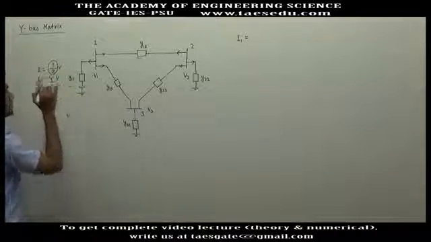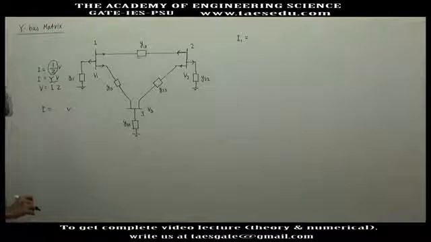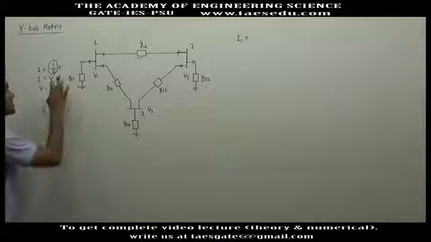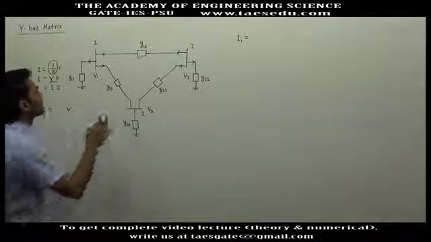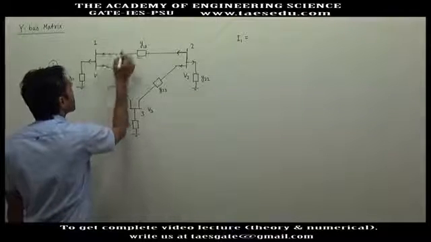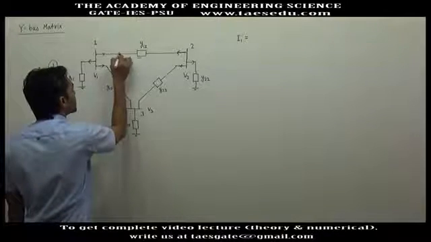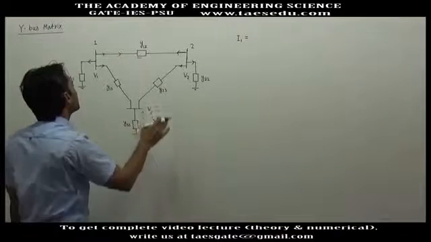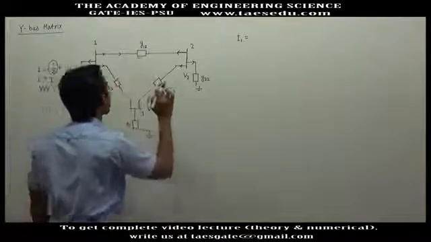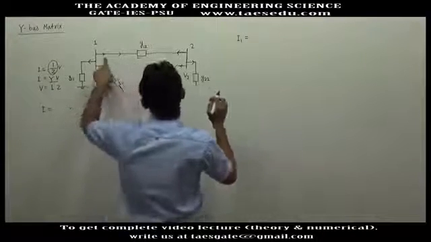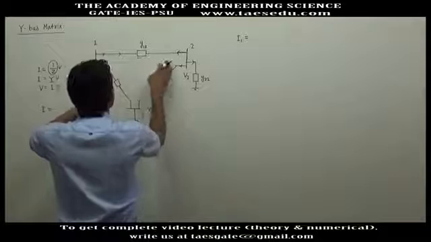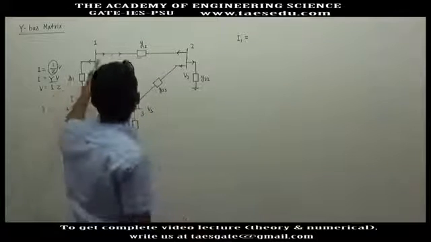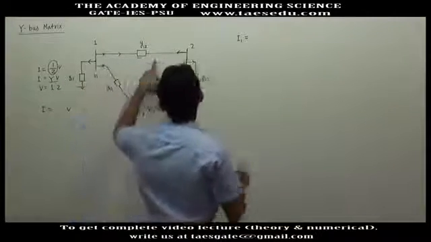So I is admittance into the voltage difference. If the reference for bus 1 current is taken left to right, from bus 1 to bus 2, the voltage difference will be V1 minus V2.